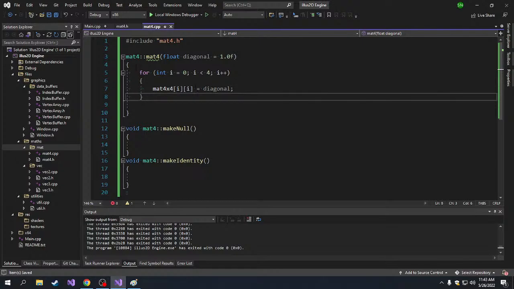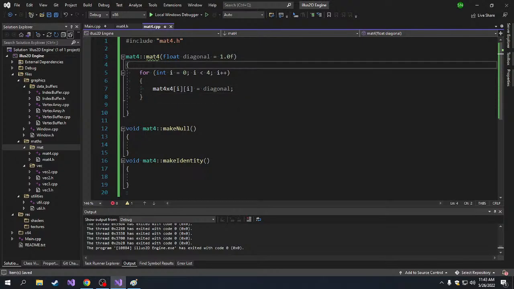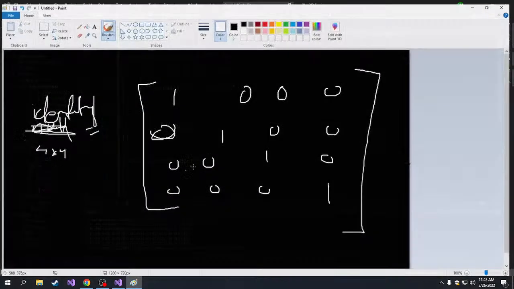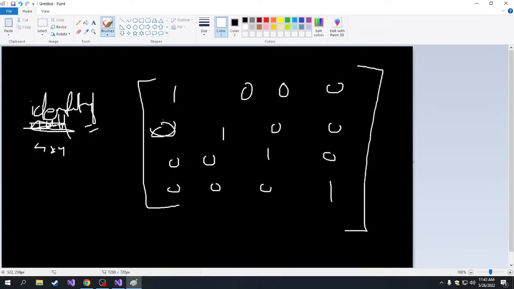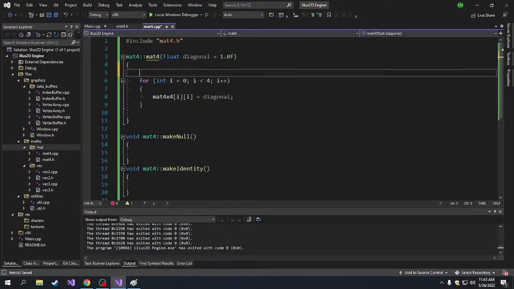But before we do this, we have to make it a null matrix, because remember the identity matrix has a value of 1 in the diagonals, and everything else should be 0, else it is not an identity matrix. So we'll do make null first, and then we'll do this.